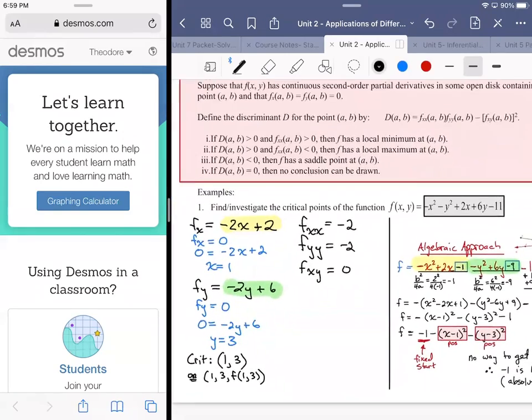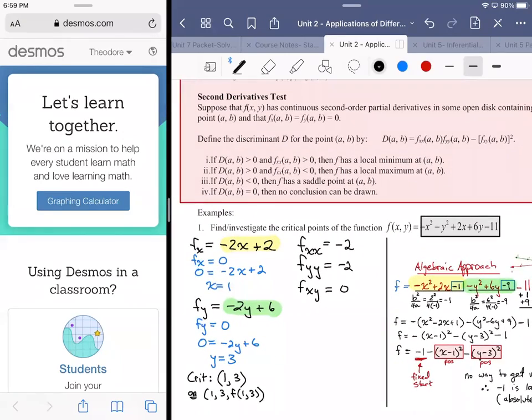Now I need my discriminant at that particular location. (a, b) is referencing the critical value. But when I go to find D of (a, b), you look at the formula here, it's f sub xx times f sub yy minus the mixed second order partial squared.